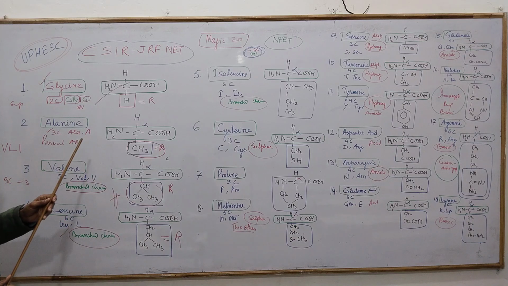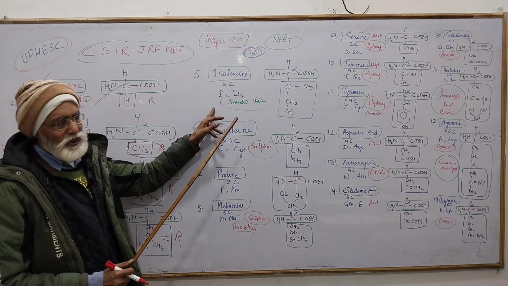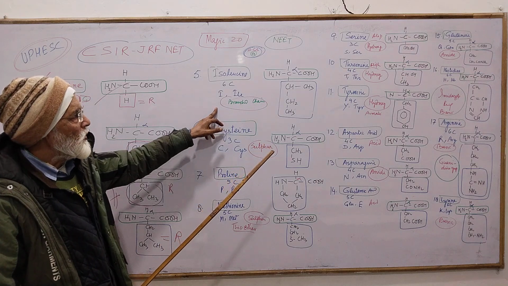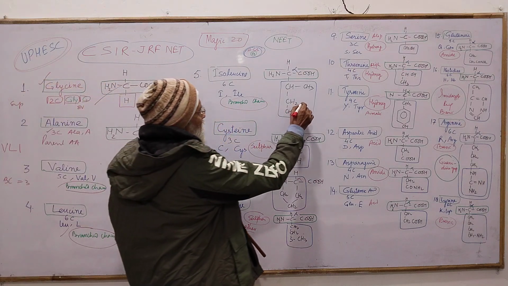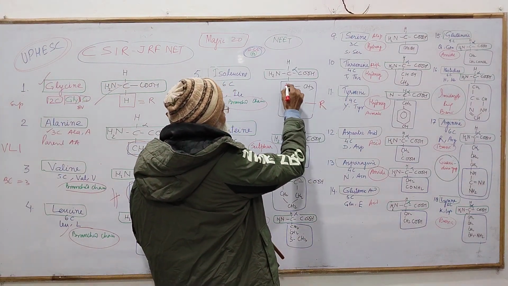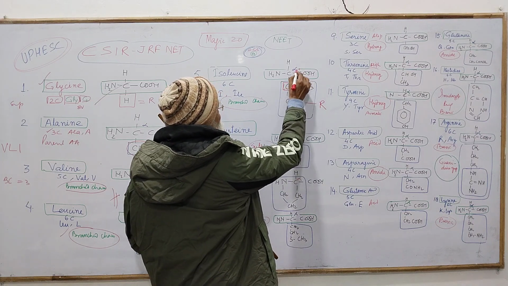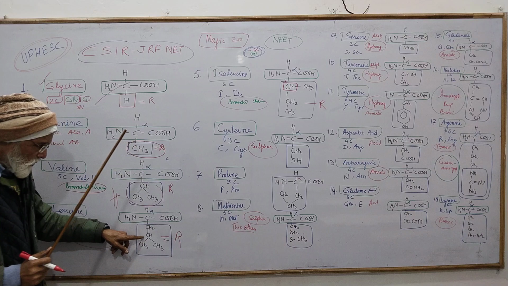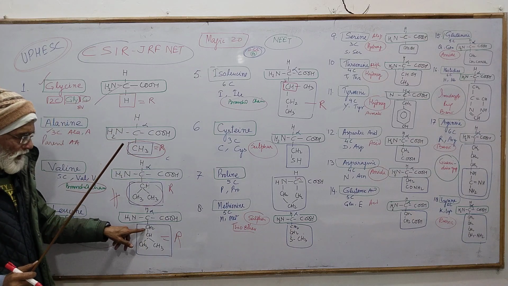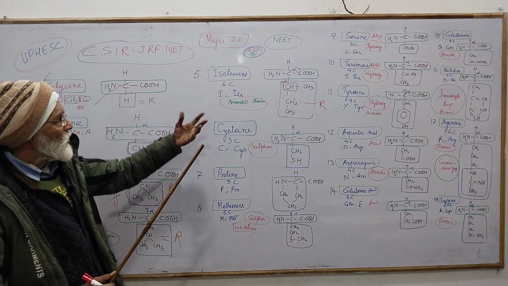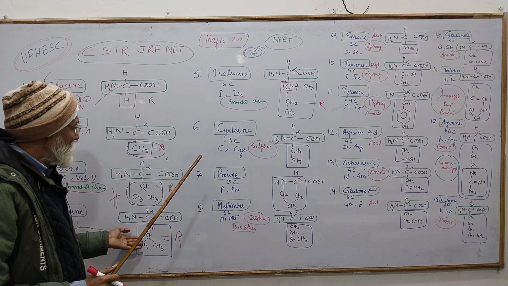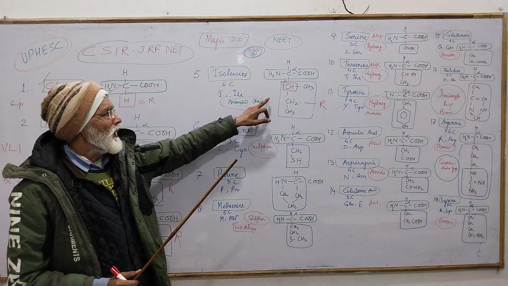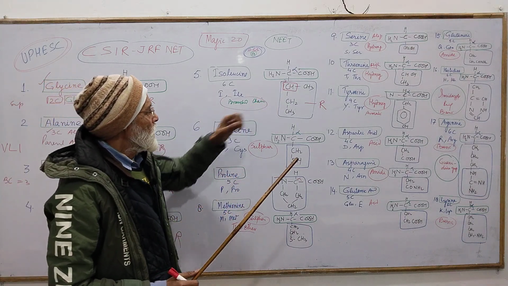The third branched chain amino acid is isoleucine, because it possesses an iso group. You see, this is the R group. Always remember, the CH is just after the 1, 2, 3, third carbon, and here in leucine it was at the 4th carbon, with an extra CH2. This is the difference the question may ask about: which of the following is leucine or isoleucine? So always remember, isoleucine is this branched chain.